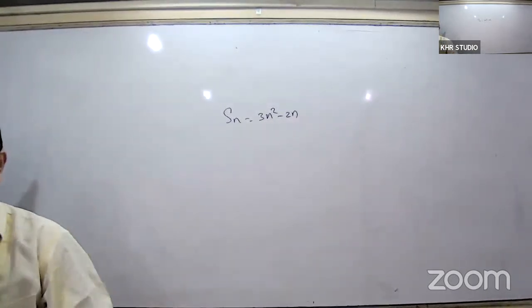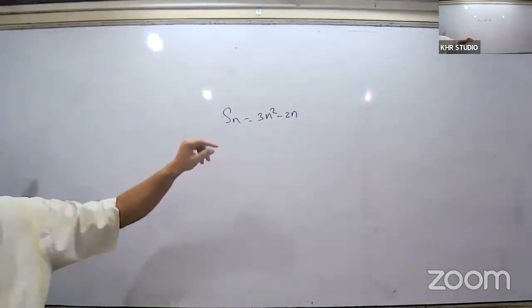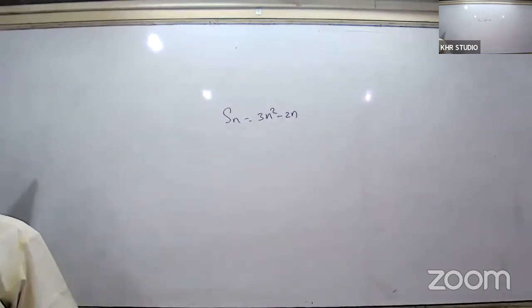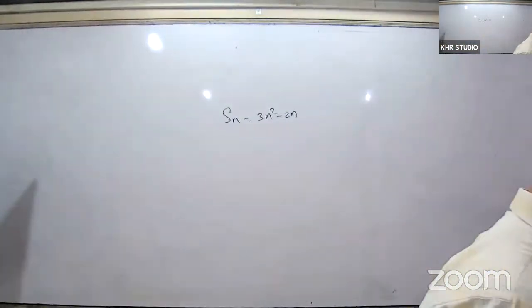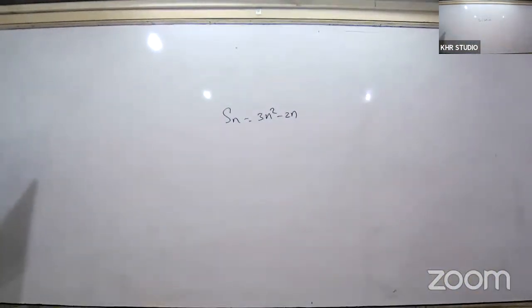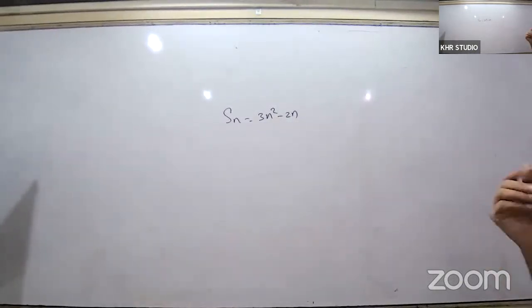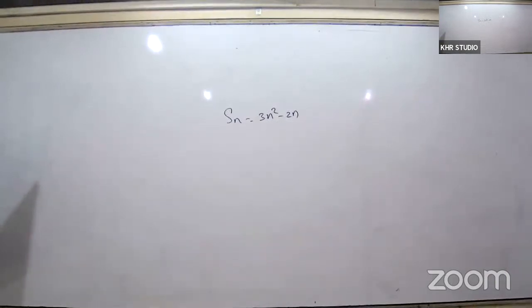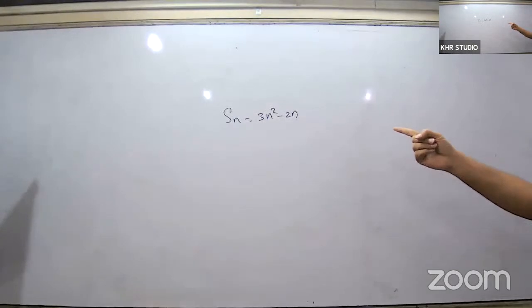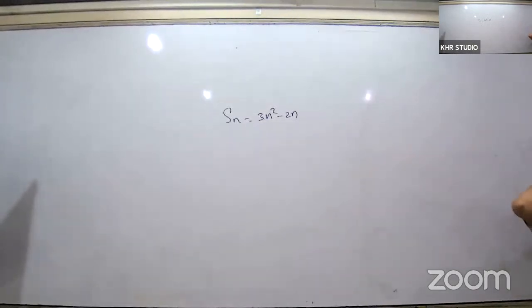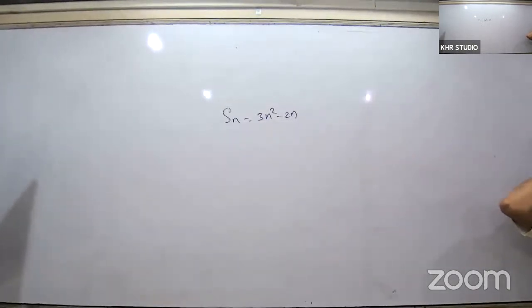Right, question for all of you. In an AP, SN is equal to 3n square minus 2n. Find a and d. If you get a and d, you can find everything.